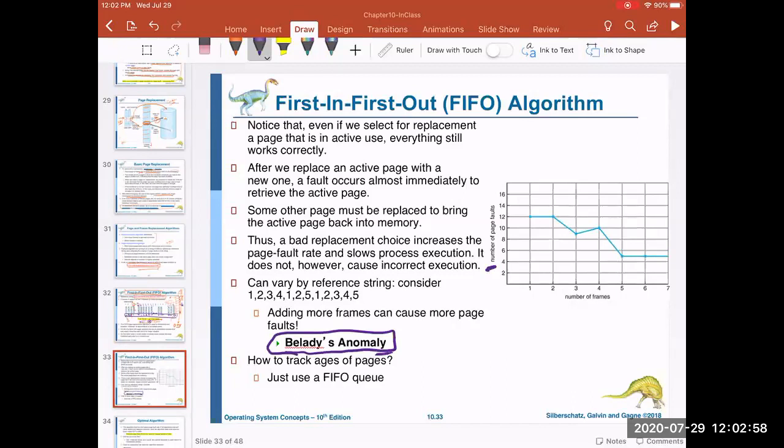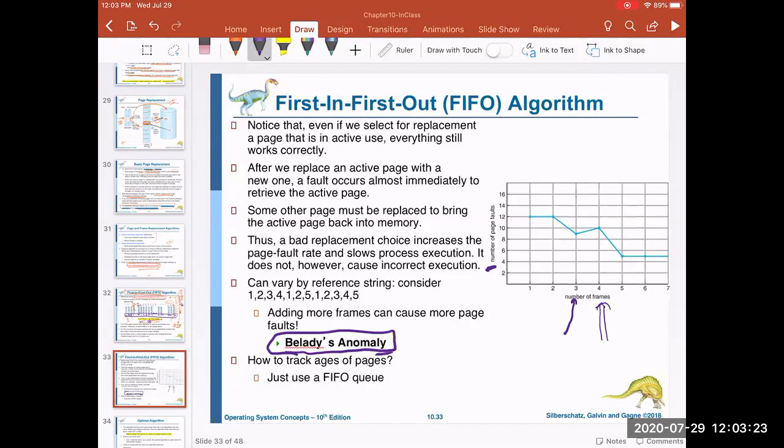So here is a test which was performed, and they say that the first in, first out algorithm suffers from Belady's anomaly: even if we keep on increasing the number of frames, the page faults may increase. Here you can see we have 3 available frames and the page fault number is around 9.